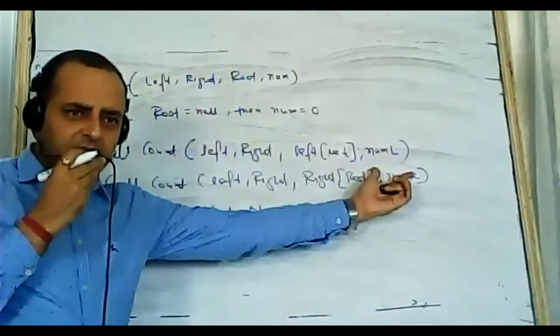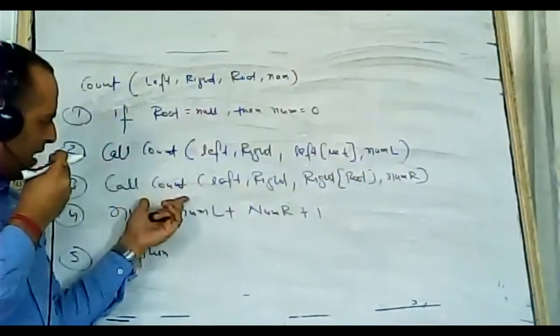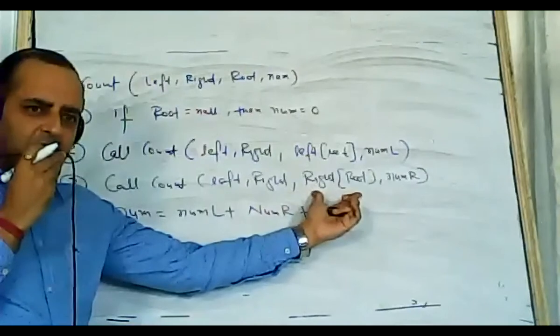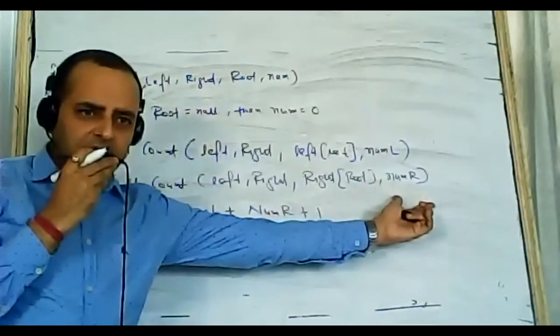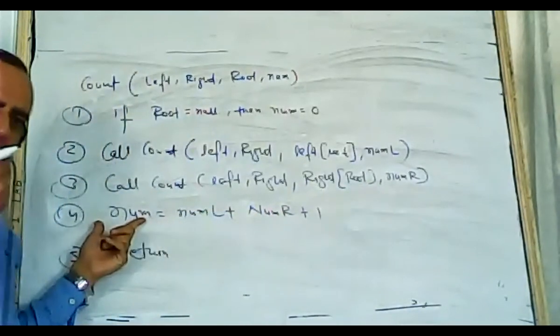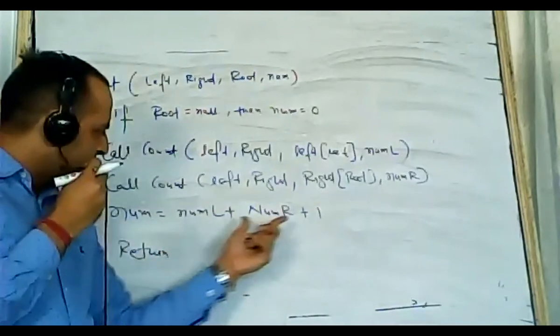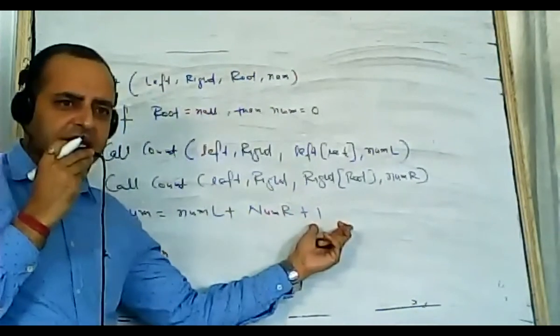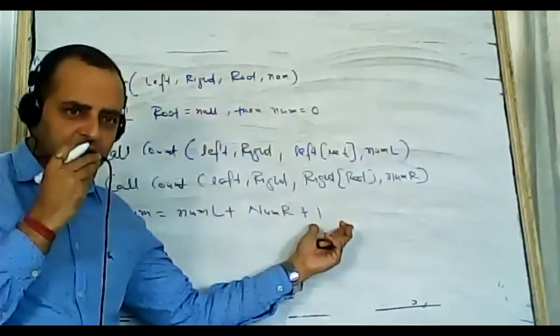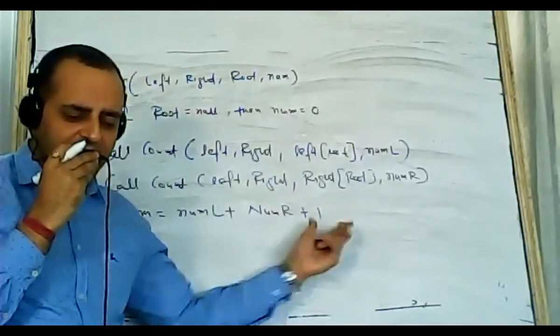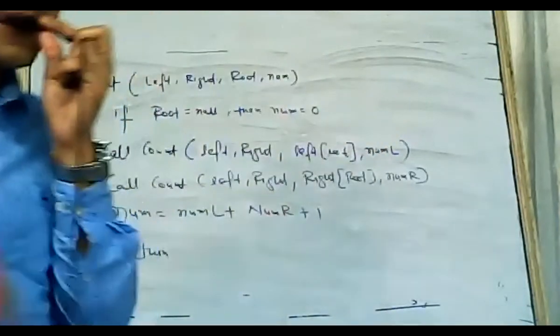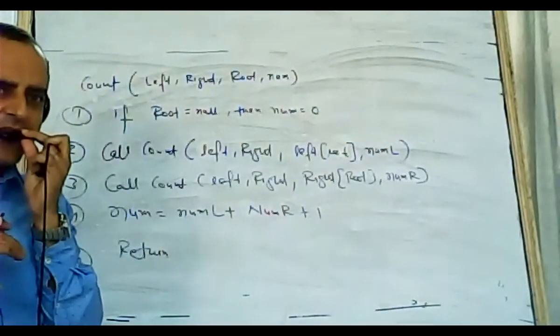Num L will give me the number of nodes in the left, and I will call the count for the right part of the root. Num R will be the number of nodes in the right, and the total number of nodes will be the number of nodes in the left plus the number of nodes in the right plus 1 for the root. Root को भी तो count करना है. Yes or no? Is it easy? Count algorithm.